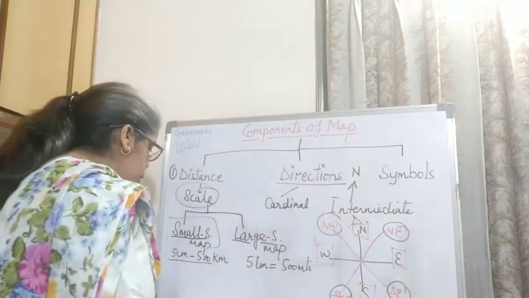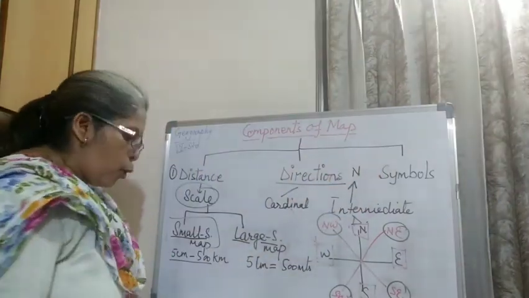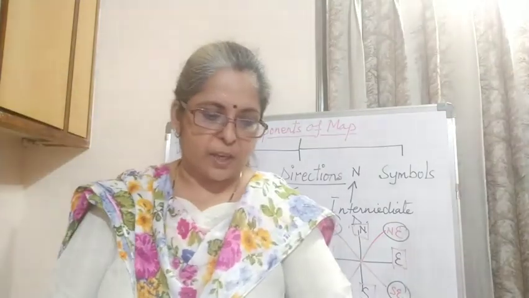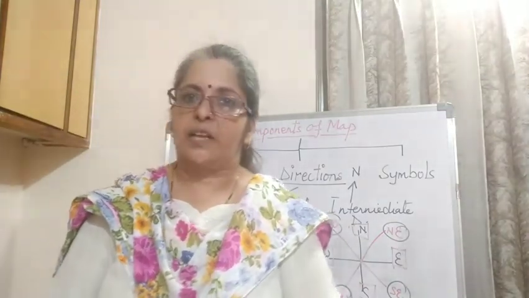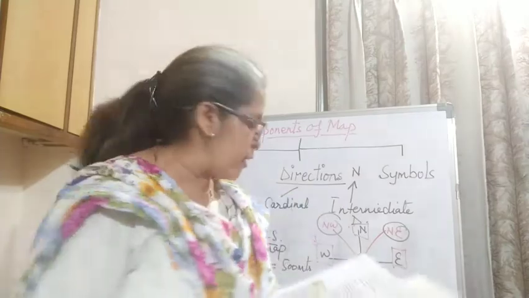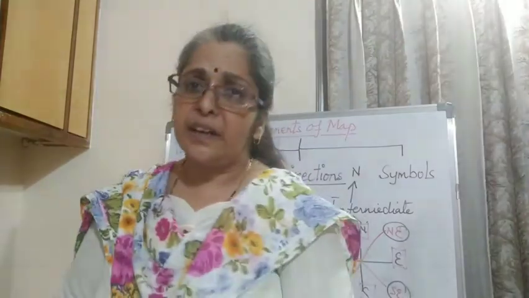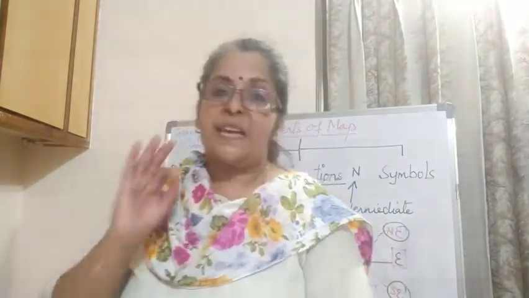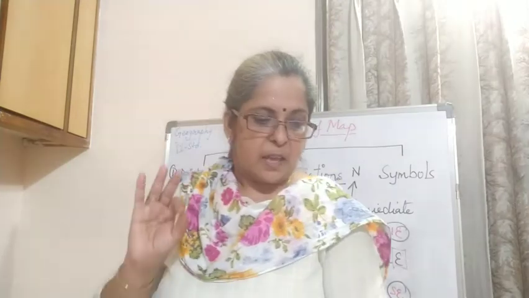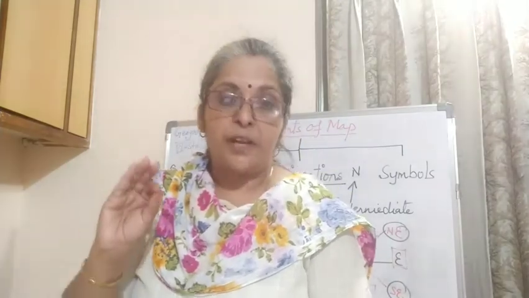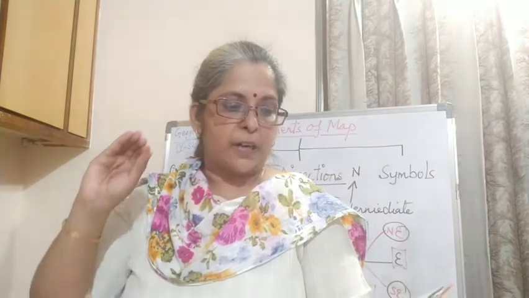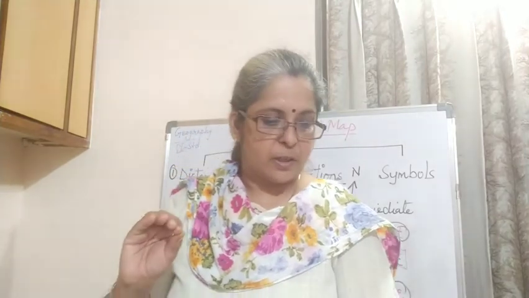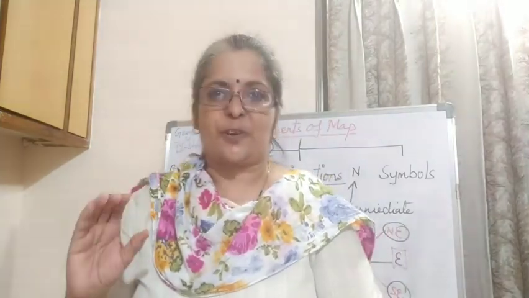So better, all students, please open your books on page number 24. Here we have the distance. Please underline the important things here. Maps are drawings which reduce the entire world or a part of it to fit on a sheet of paper.